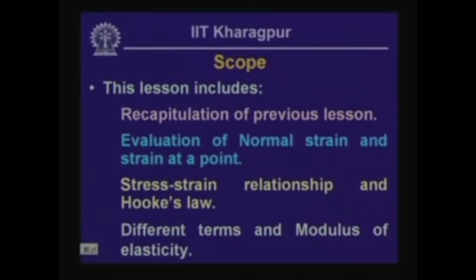We will look into the relationship between the stress and strain and thereby Hooke's law, which is defined for the elastic body, and then the different terms which we get in the stress strain relationship and the modulus of elasticity.